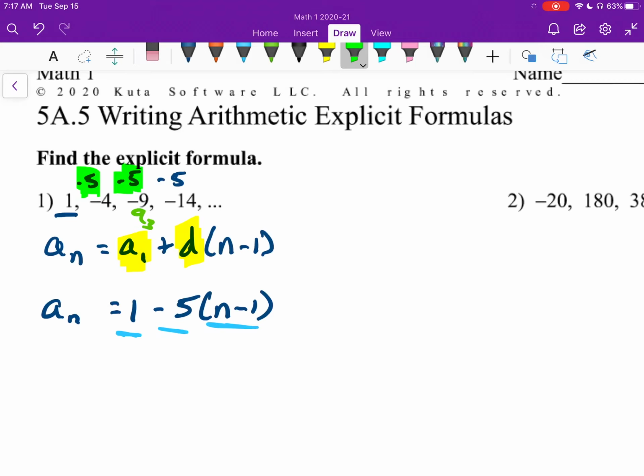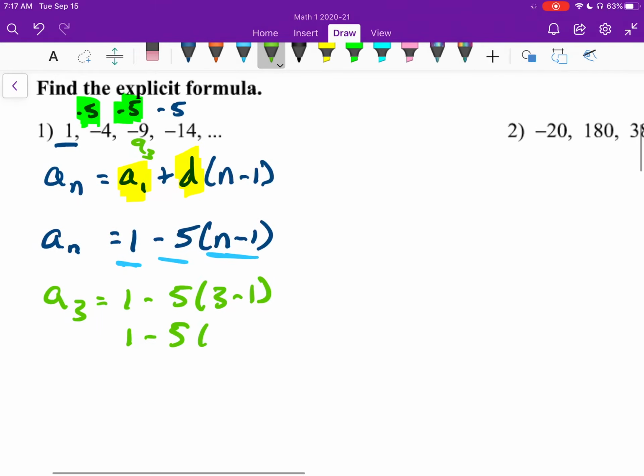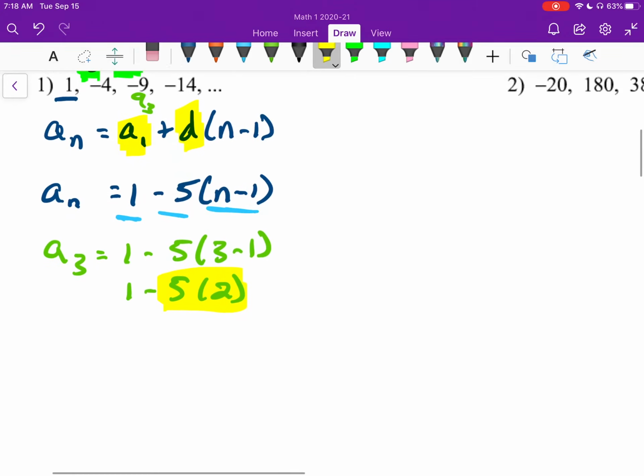That's why if we were to plug in a sub 3, you'd have 1 minus 5 times 3 minus 1, which is 1 minus 5 times 2, right? This ending part here is where we get that green highlighted -5s. That's how many times we would subtract 5 there. All right, so that's how the formula came about.